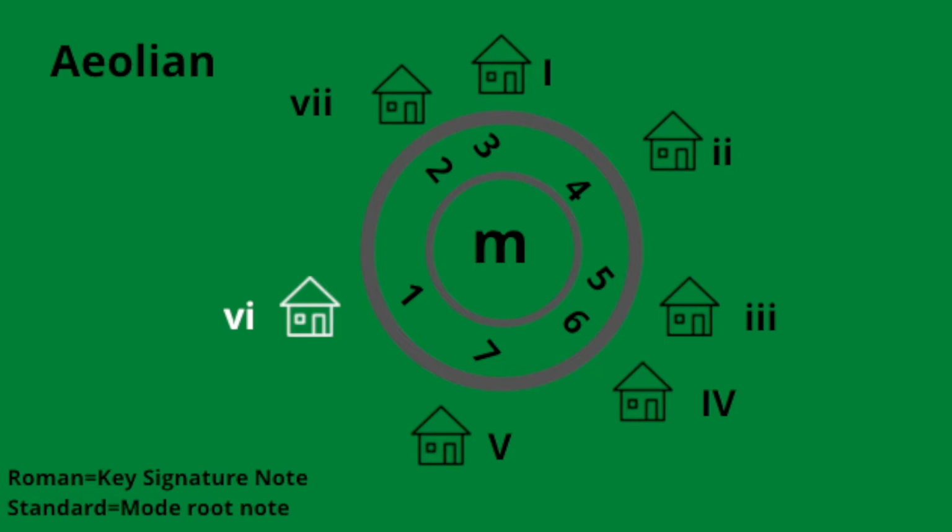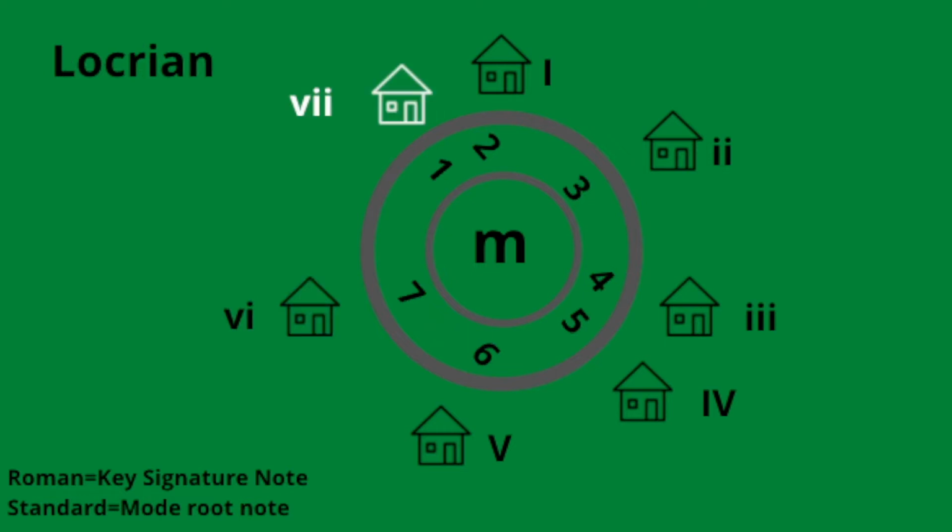And you see how that is 2 minor 3rds stacked on top of each other when you leave the Locrian house here. We're going 1 to 2 as a half step to 3. That's a minor 3rd, and then 3 to 4, and then just another half step to 5. So that's where we get our diminished 5th.